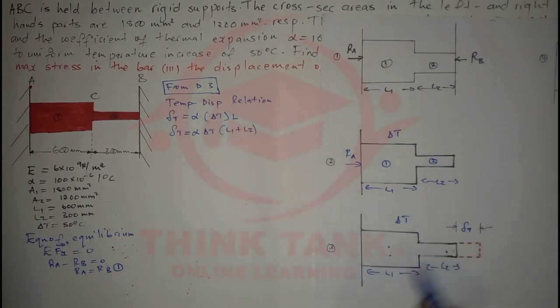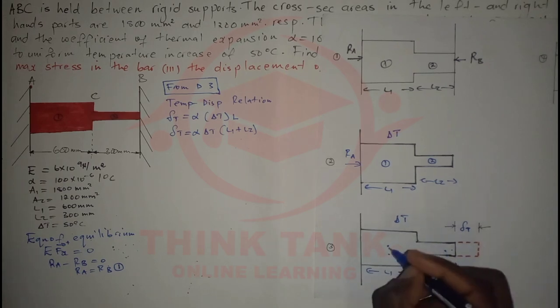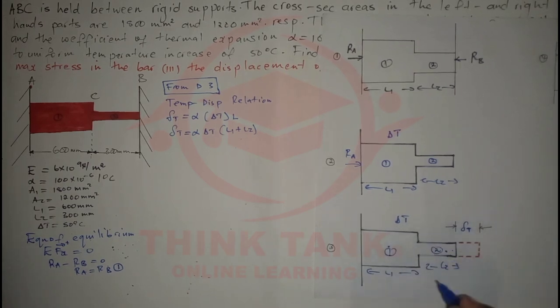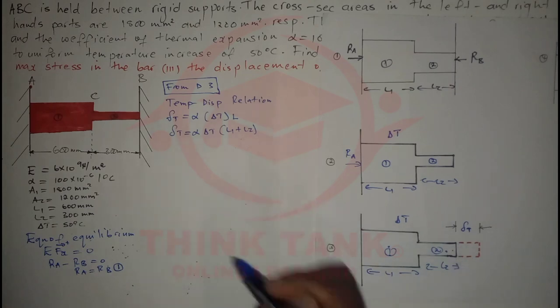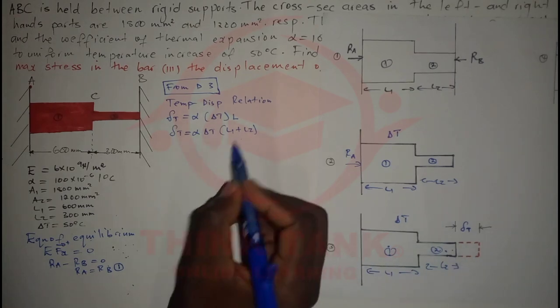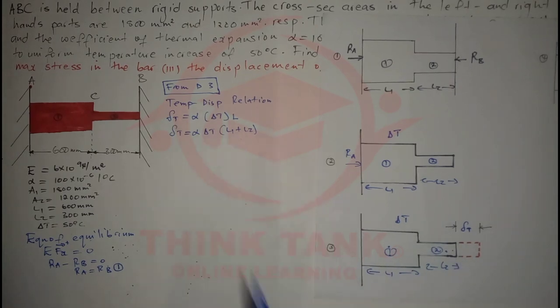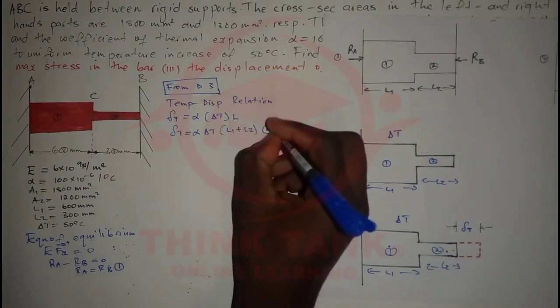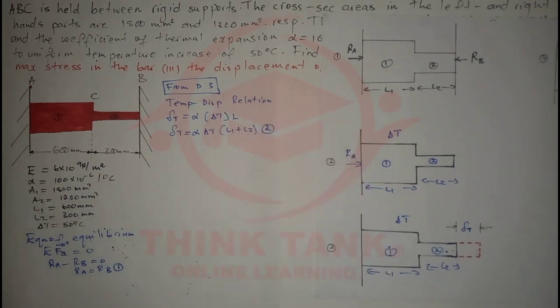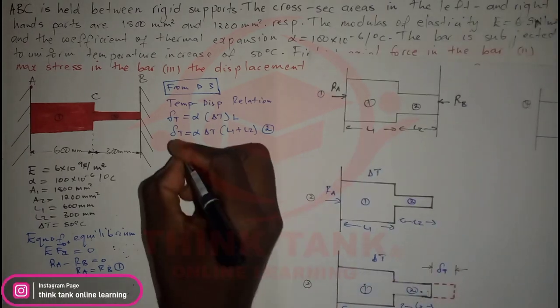We can just find the change of length due to temperature of part 1 plus the change in length due to temperature of part 2, and add them together. But the other way that you can do is just to do the shortcut. Okay, and let me just call this the second equation, since I said this one was the first equation. Now let's go to diagram number 4.